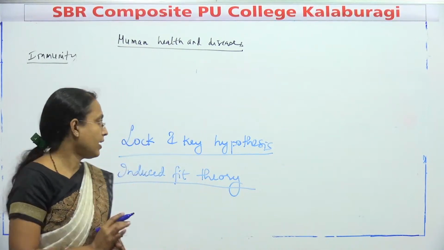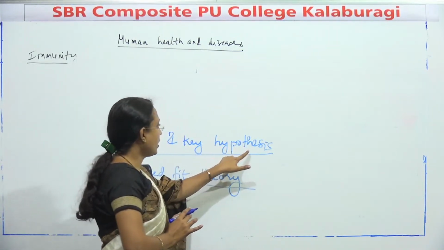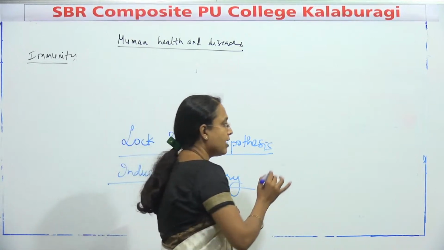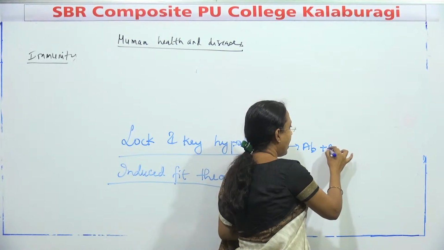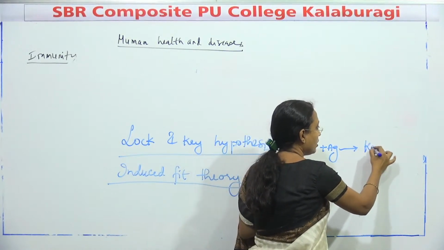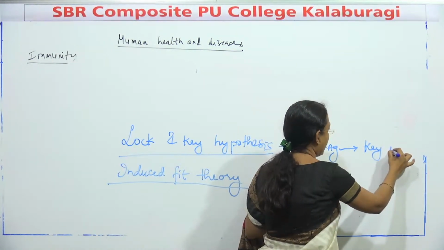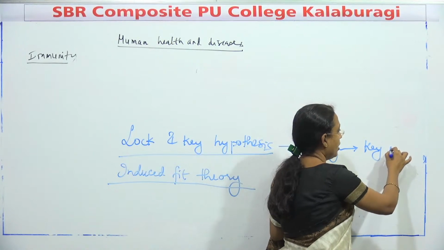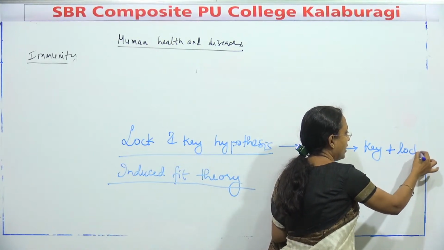How do they interact? According to the lock and key hypothesis, the antibody will interact with the antigen in the same way that a key interacts with a lock.